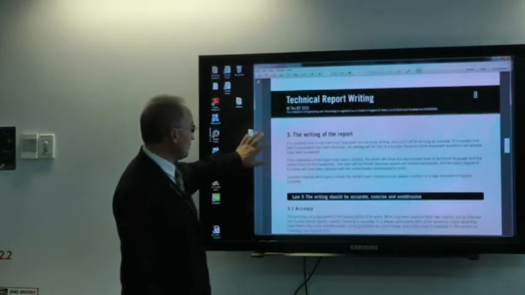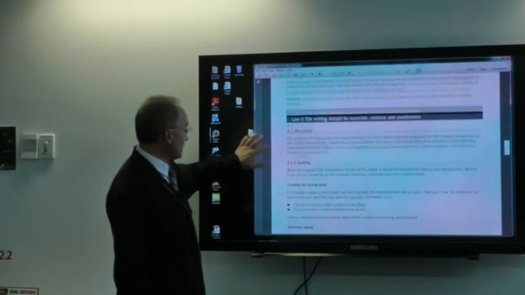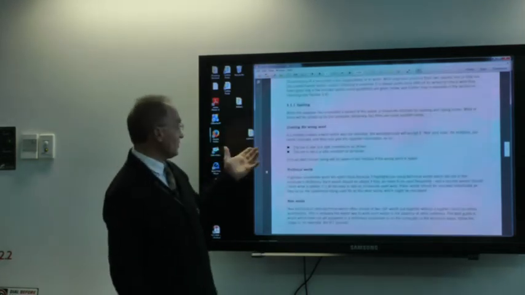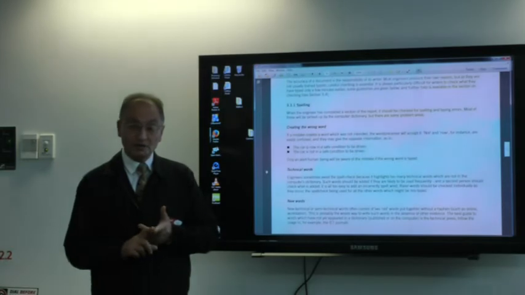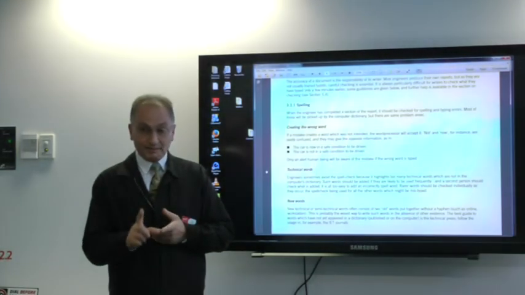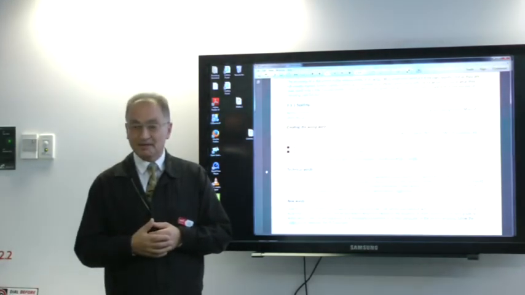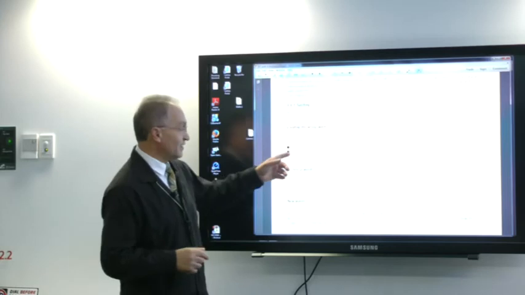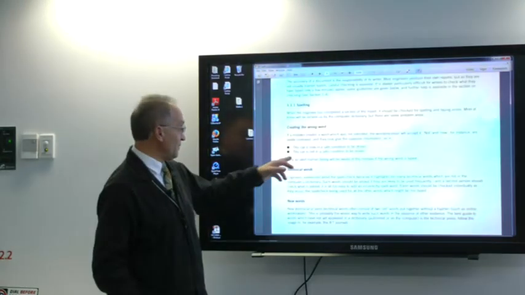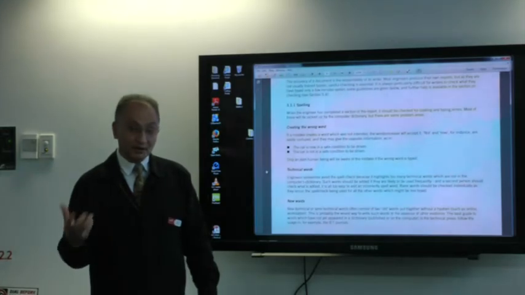Here, writing the report, okay, once you've got the information, it's now time to start writing. Take note of spelling. Take note of the fact that spell check won't always pick up errors, because Microsoft Office won't pick up the difference between "now" and "not", because they're both correct words.